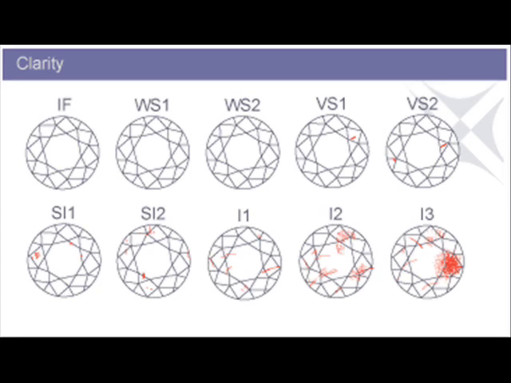Most diamonds fall in the VS1 to SI2 categories, and there you have diamond imperfections that are marked on the diagram. Now we'll get into the difficulties of understanding what those markings mean and how one can understand whether it's desirable or not a little later. But for now, let's just focus on the VS1 to SI2 grades in which most diamonds fall.